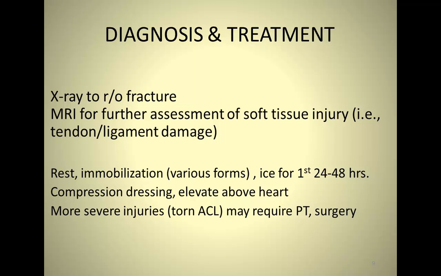Diagnosis and treatment. The first thing you want to do, fairly minimally and cheap, is an x-ray, because you want to rule out a fracture, right? Especially if you have a severe sprain. But x-rays, remember, are only going to show you bones, right? It doesn't give you much information on soft tissue. MRIs are kind of nice because they can give you more information on soft tissue injury, like a tendon or a ligament.